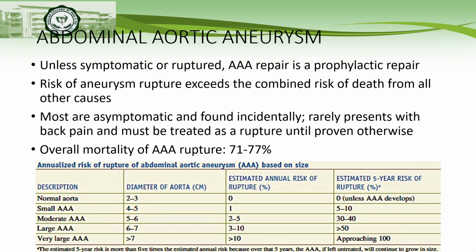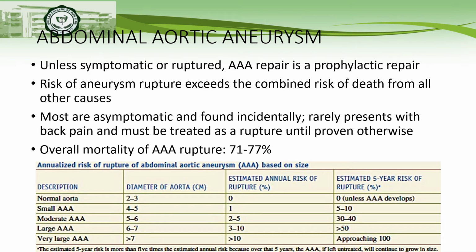The rationale for recommending repair is predicated on the assumption that the risk of aneurysm rupture exceeds the combined risk of death from all other causes such as cardiopulmonary disease and cancer.